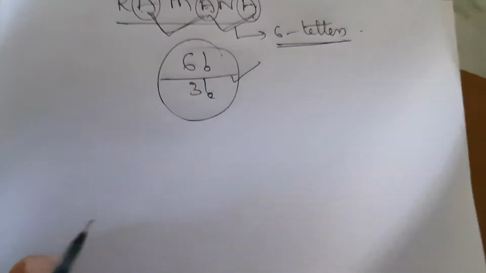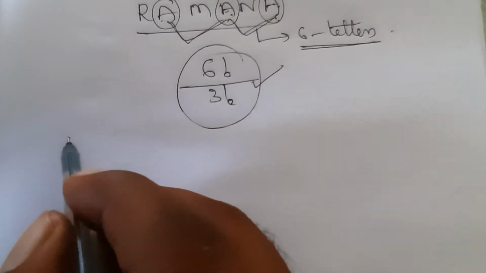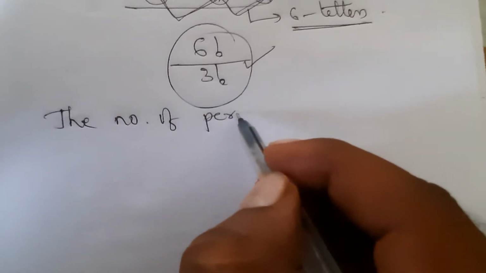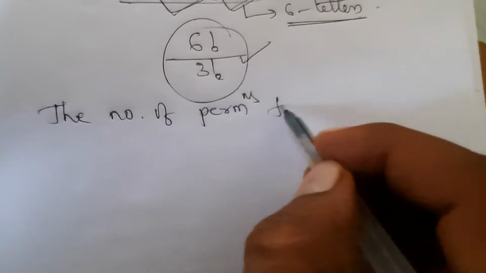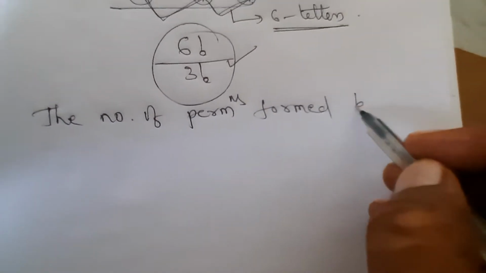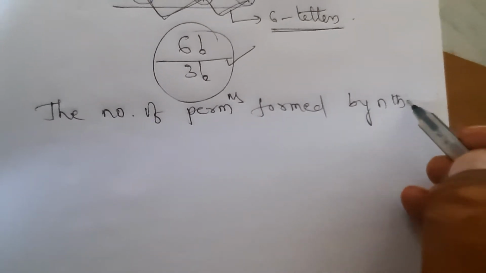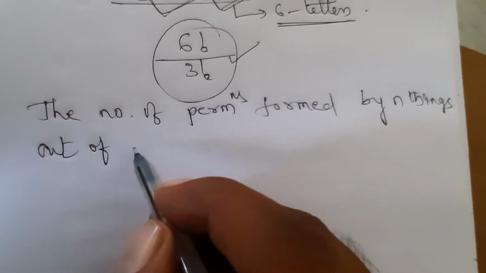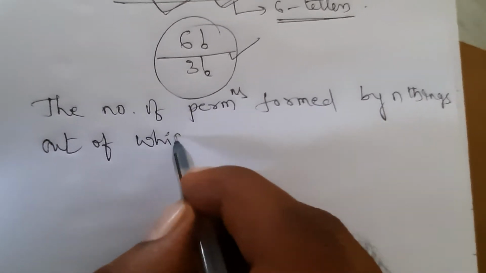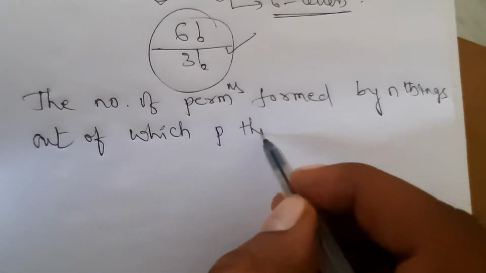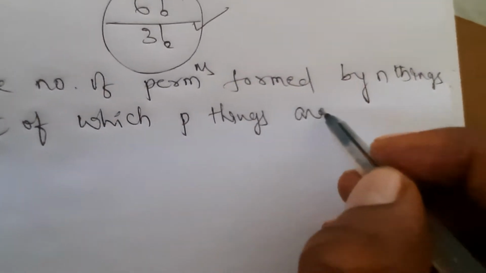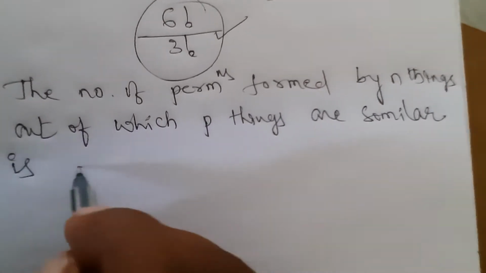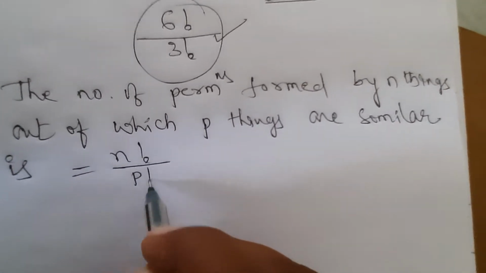So here the basic formula you have to remember as one point. The number of permutations formed by n things out of which p things are similar is given by n factorial by p factorial.